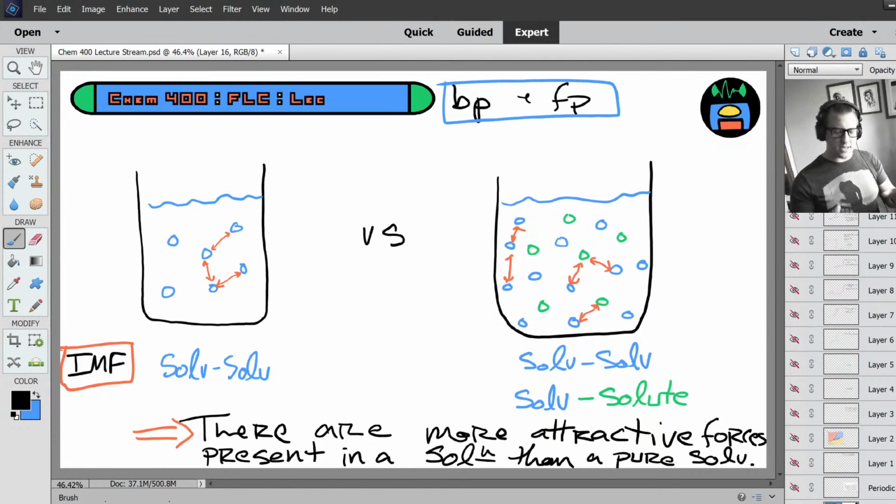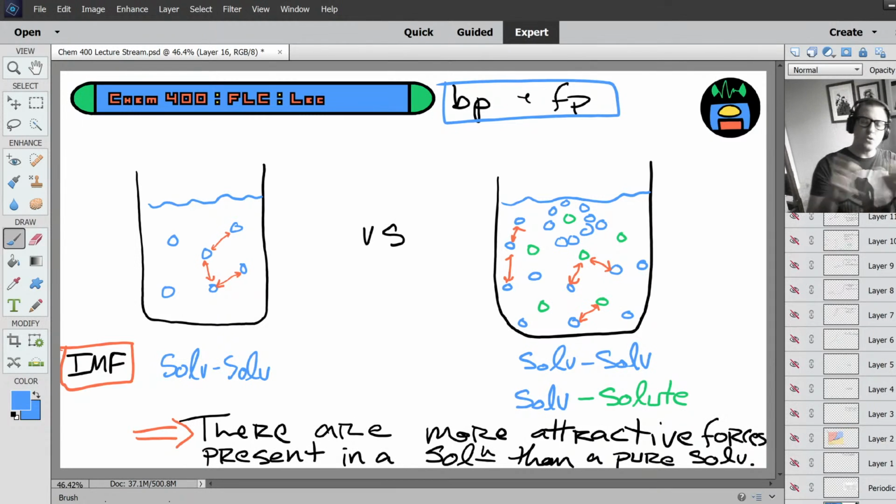However, when you dissolve a solute in a solvent, there's a phenomenon where they form a solvent cage. Yes, the solute molecules are attracted to other solute molecules, but when you dissolve them in a solvent, all the solvent molecules surround the solute and pull them into solution.